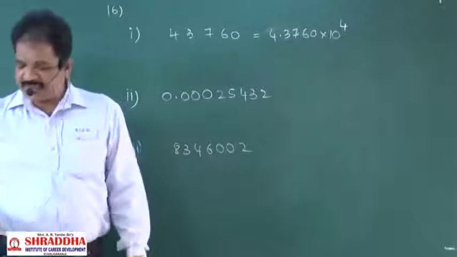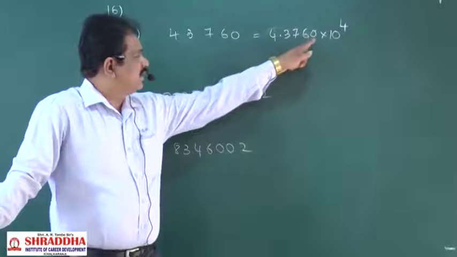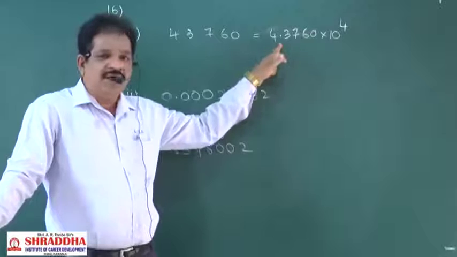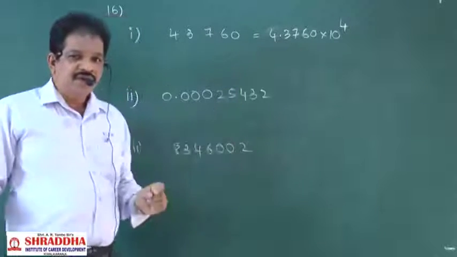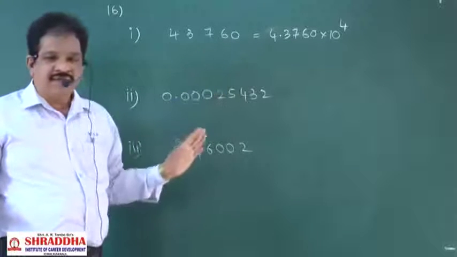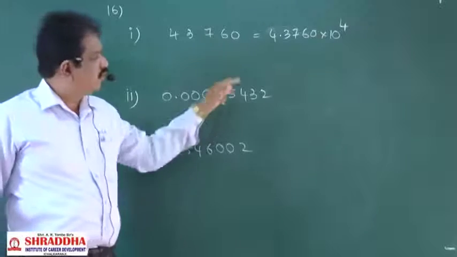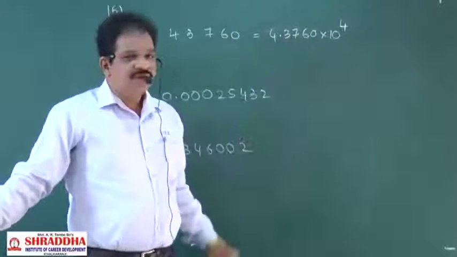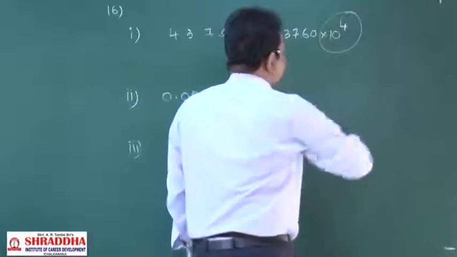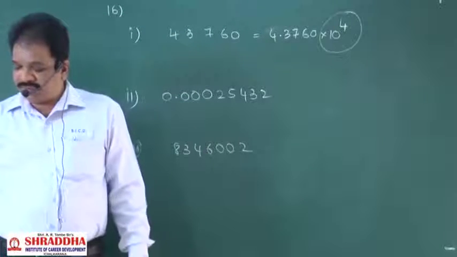My point is clear? This is in between 0.5 and 5. If I write 0.437, then it will not be in between 0.5 and 5. So we have to write like this. So for this, the order of magnitude is 10 power 4.